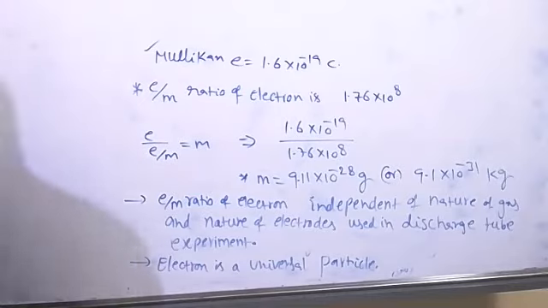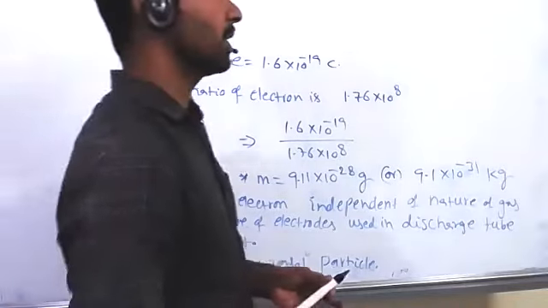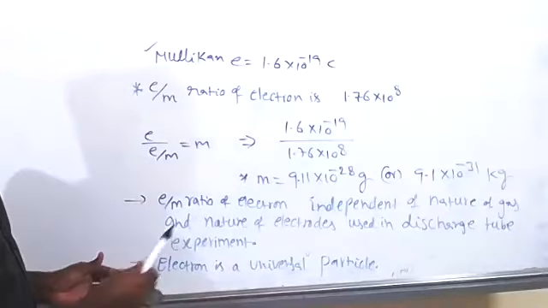Okay, see why we call electron a universal particle: it maintains a constant e/m ratio.